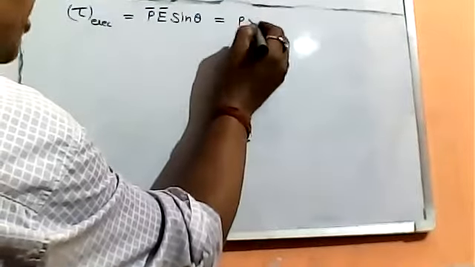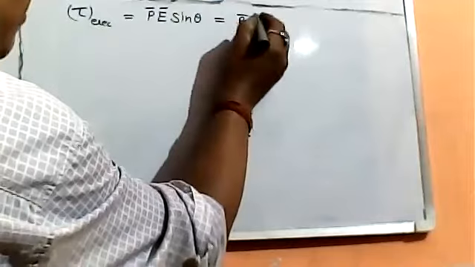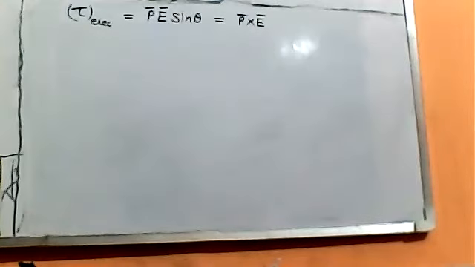So, torque in case of an electric dipole, the formula is P E sin theta. Here P is the electric dipole moment, E is the electric field, and theta is the angle. This can also be written as P cross E, the cross product of two vectors. P is one vector, E the electric field is the other vector. Clear?